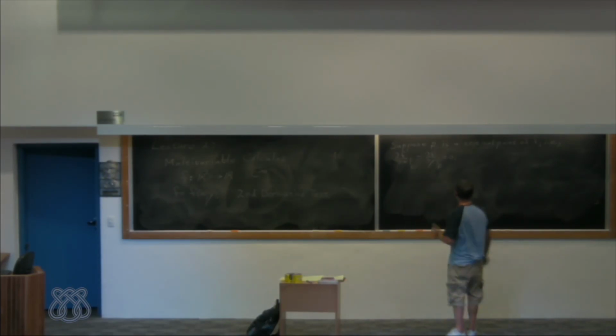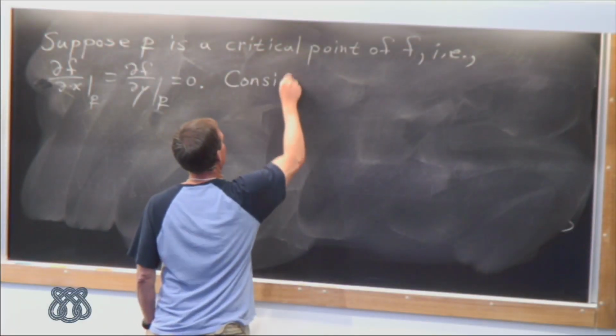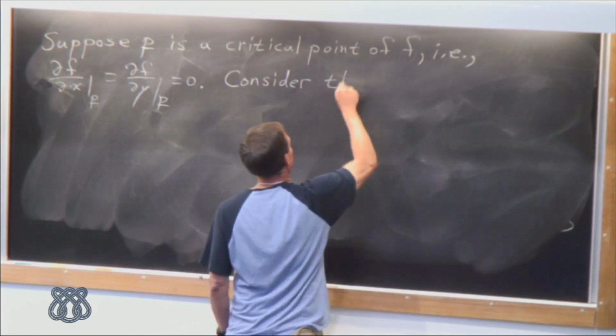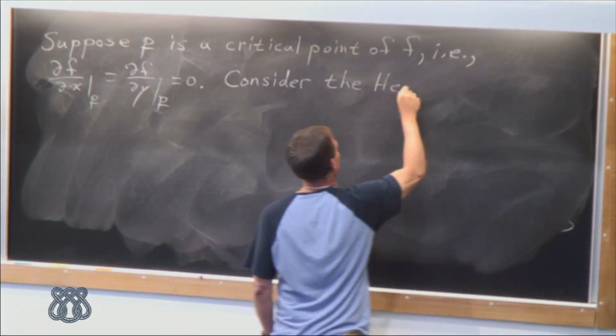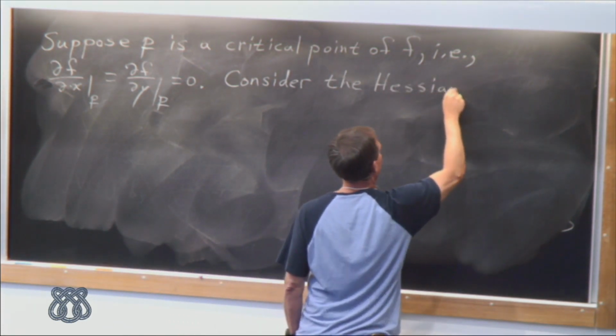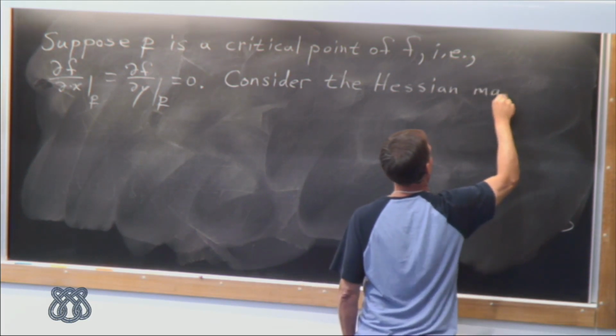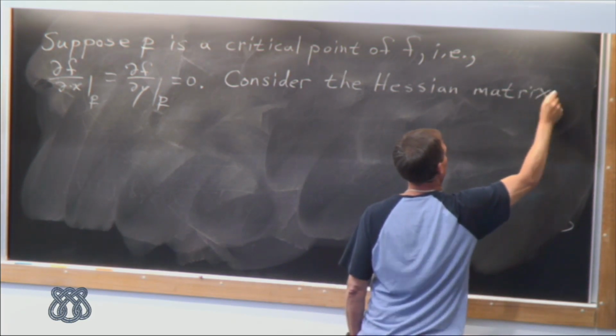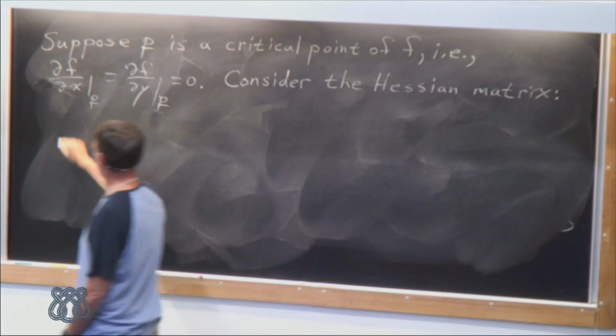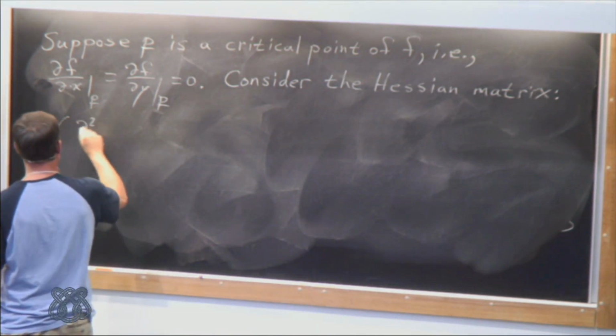I don't know how it's presented here. Consider the Hessian matrix, the matrix of second partial derivatives.